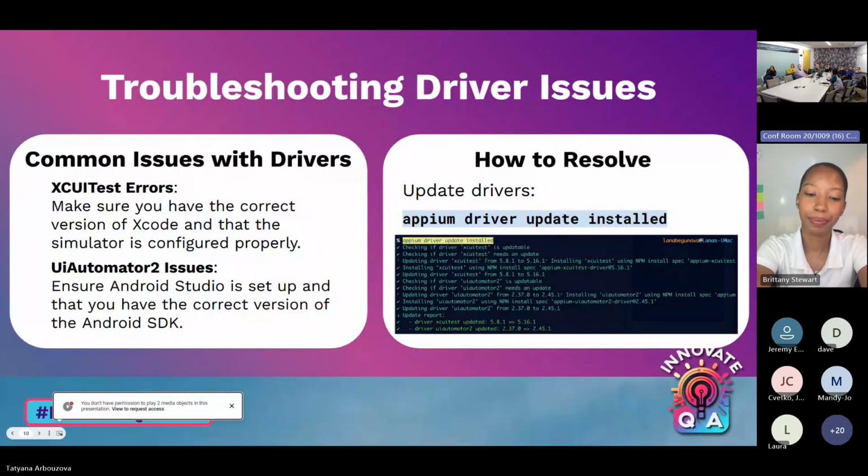In case you have issues, every tech has issues, has troubles. The reason I pointed out the necessity for Xcode on iOS and Android Studio for Android is because if you don't have them, you'll have errors, and they're listed here. Basically, with the XCUITest driver, you will definitely have errors if you do not have the correct version of Xcode.